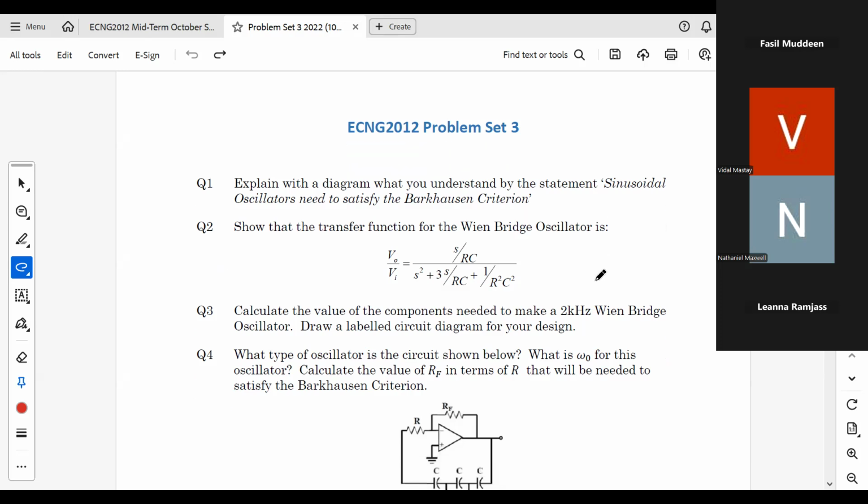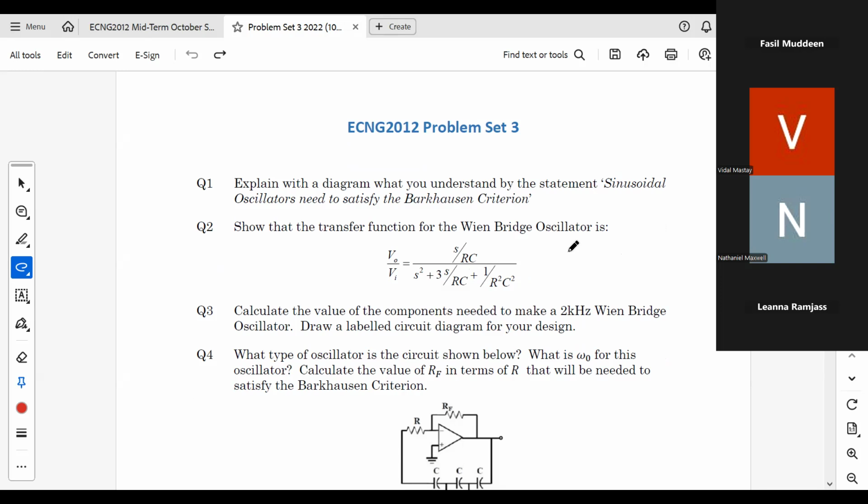Question 2 again, show the transfer function for the Wien bridge oscillator. Remember, I told you that in the revision class, you should be able to sketch the Wien bridge oscillator, or at least the Wien bridge circuit, and then it's an impedance divider.